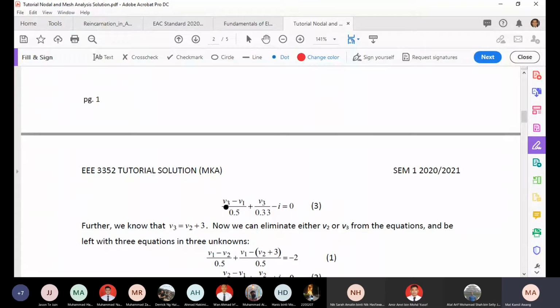So the third equation is V3 minus V1 over 0.5 plus V3 over 0.33 minus I equal to 0.